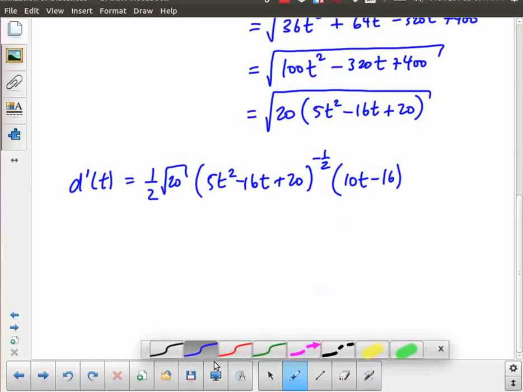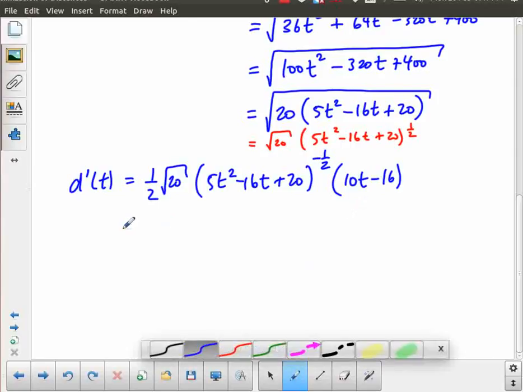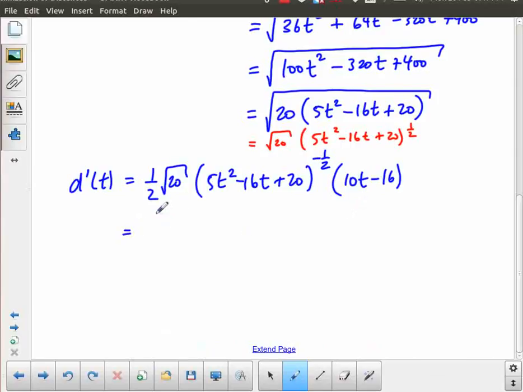So I'm going to put in that extra line. What I ended up doing was taking out square root of 20 and leaving that as a constant in front, and then 5t squared minus 16t plus 20 to the 1/2, and that's the part I took the derivative on. Okay, so let's see, what do we have here?